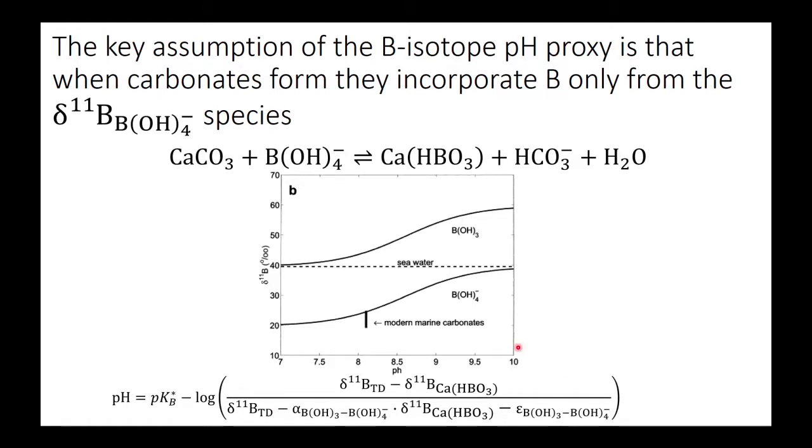We could rearrange that equation to give us pH. That's even more hideous to rearrange, so I'm not going to go through that. But that gives us this curve of the borate ion relative to pH, expressed in terms of something we can actually measure.